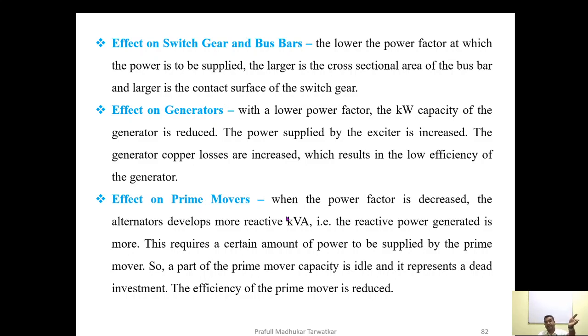If the generator has to produce more energy, the prime mover which is running the generator has to supply more power. That means the steam requirement or any other kinetic energy requirement is more. To have more kinetic energy, more fuel is required. So ultimately it's an increase in the resource requirement if we have a low power factor.